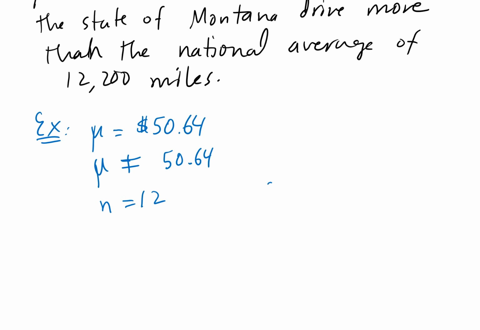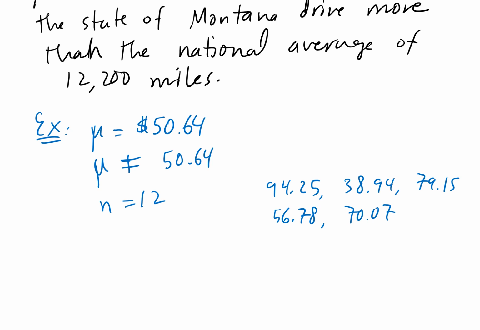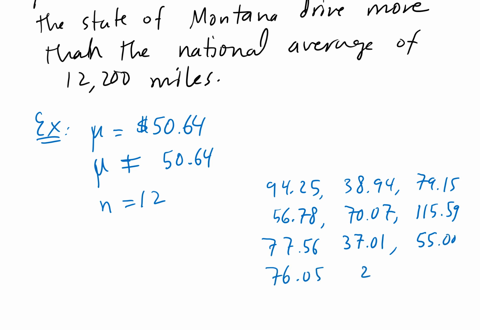So the data is 94.25, 38.94, 79.15, 56.78, 70.07, 15.59, 77.56, 37.01, 55.55, 76.05, 26.29, and 52.48. So these are the charges.